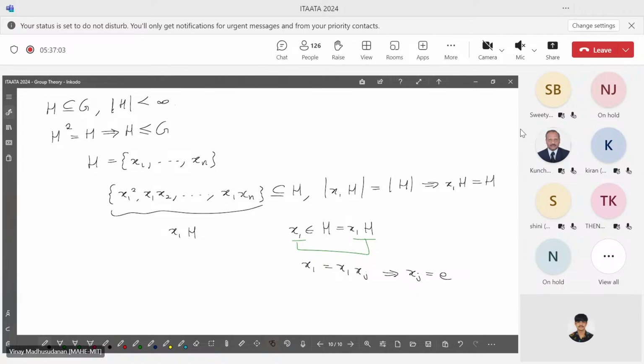E belongs to H. Yes, agreed. Then, next, since E belongs to H, which is equal to x1 H again, so x1 into some say xk must be equal to E. Now xk is x1 inverse.